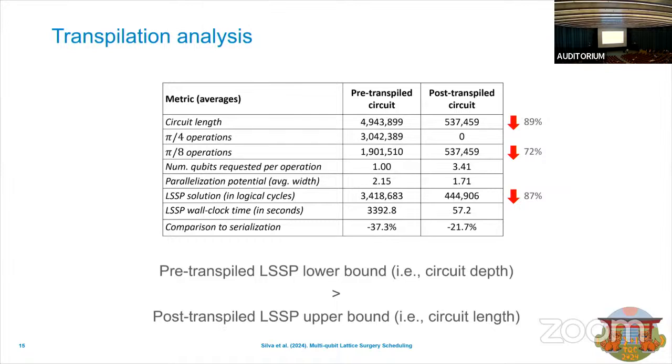Another very interesting thing that we observed is that the lower bound solution for the scheduling problem for the pre-transpiled circuits, meaning the circuit depth, is still higher than the upper bound solution for the post-transpiled circuits. That means that even if we could not parallelize any operation in the post-transpiled circuit, the number of logical cycles would still be reduced compared to non-transpiled circuits.